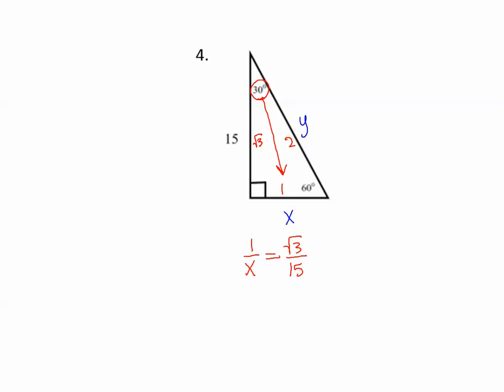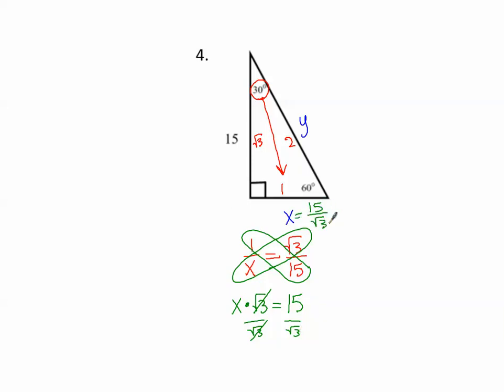And now we can cross multiply. Square root of 3 times x, or x times the square root of 3, equals 1 times 15. Oops, that's just 15, of course. And then I can divide both sides by square root of 3. And x equals 15 over square root of 3.